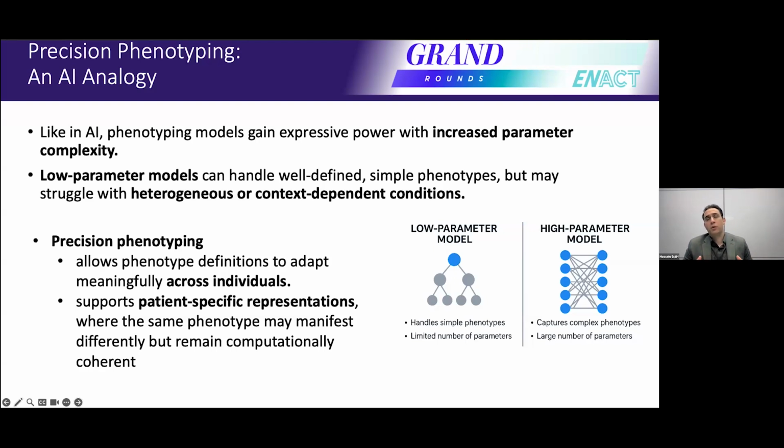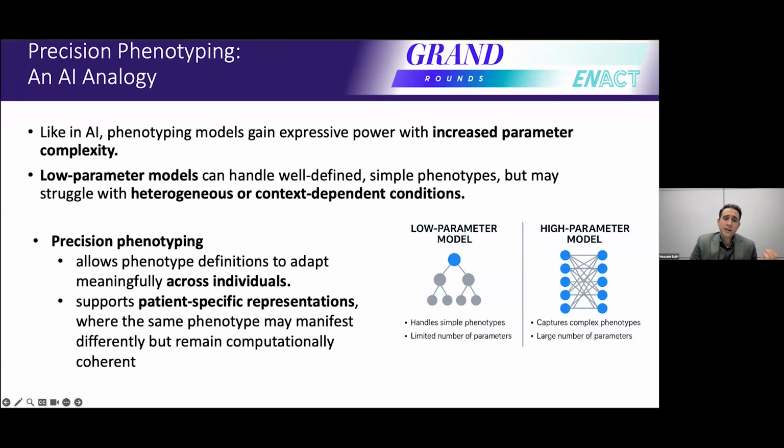And I'm talking about ensemble of models or composite type models. That's what precision phenotyping does. It basically adapts. It lets the same clinical definition express differently depending on the individual patient's unique data, while holding true to the common computational anchor.